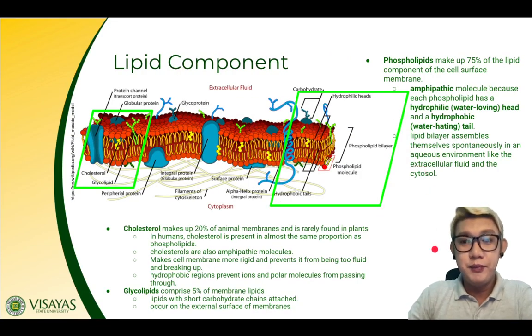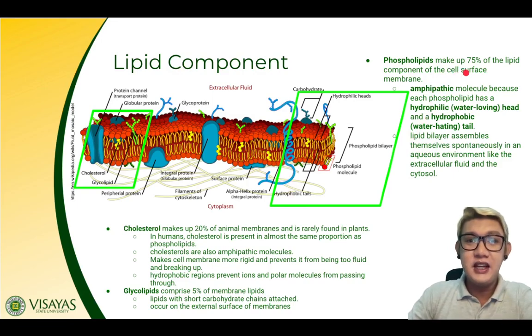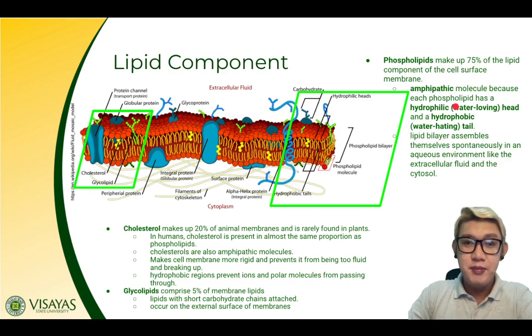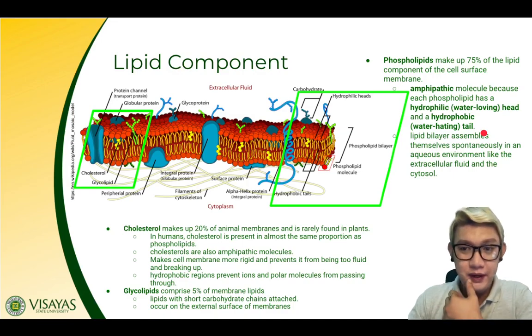Now, what are the different lipid components of the cell membrane? Phospholipids, shown here, make up 75% of the lipid component of the cell surface membrane. Phospholipids are called amphipathic molecules because each phospholipid has a hydrophilic, or water-loving, head and a hydrophobic, water-hating tail. The term amphi means both ends have different preferences for the type of polarity of the solution they are in.